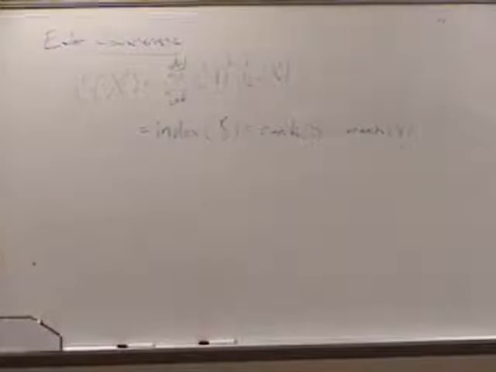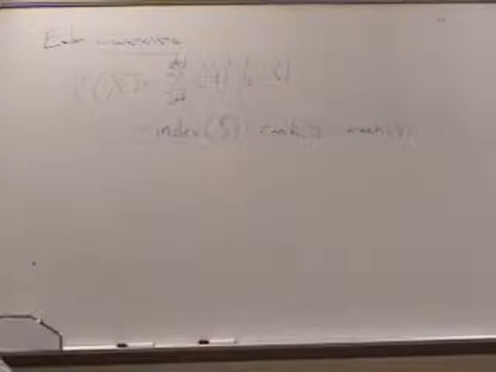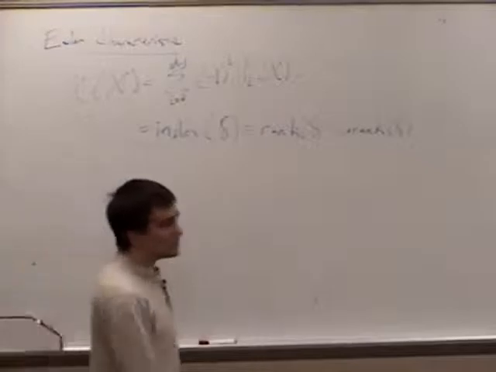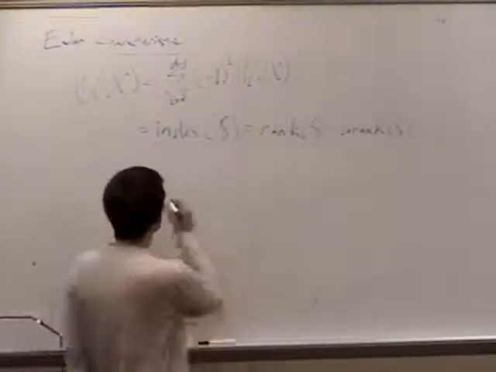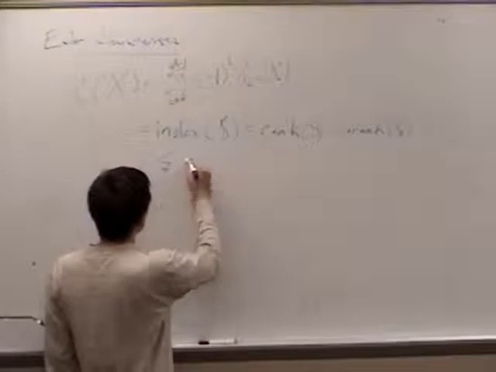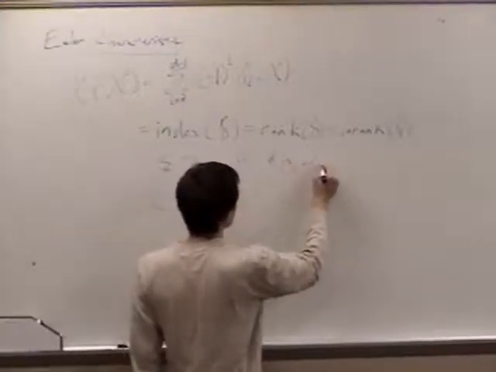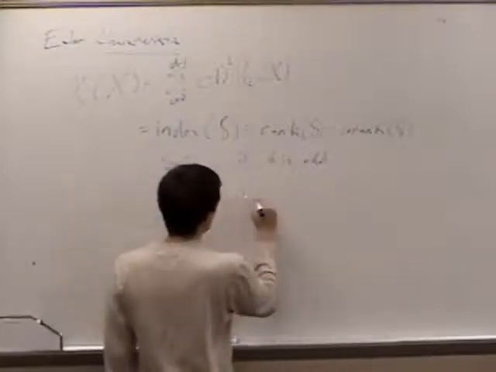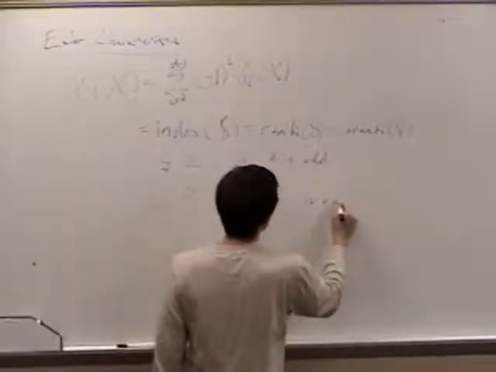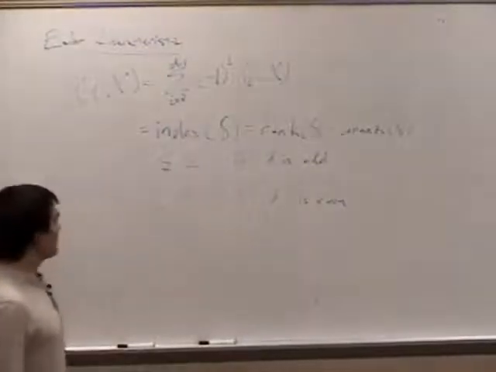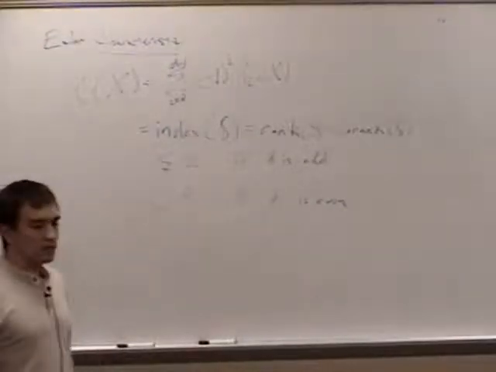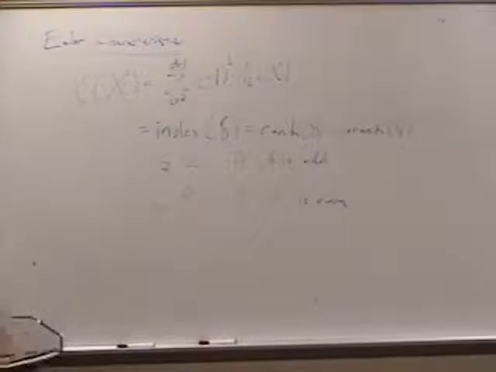For most matrices, the index of a matrix is going to be 0 because vector spaces tend to be sort of flat or contractible in a sense, and so their index is 0. But for polytopes, this thing actually turns out to be equal to 2 if d is odd, or 0 if d is even. And that's because this delta here, in a sense, can kill off these higher dimensional cells. So that's sort of the issue with that.